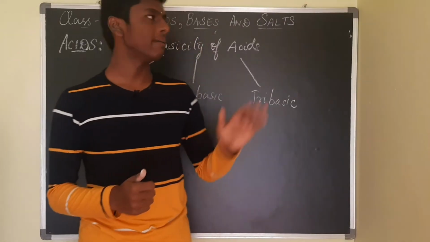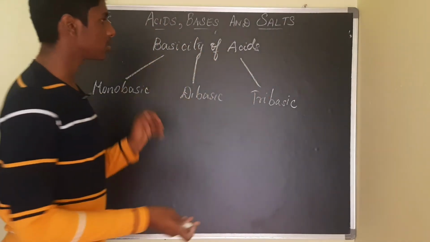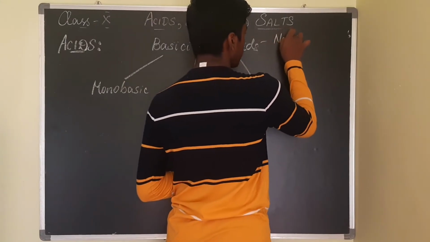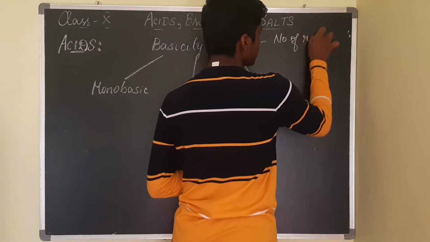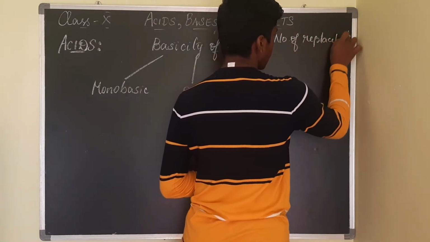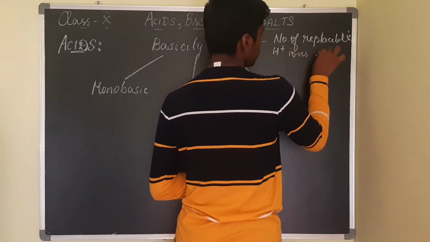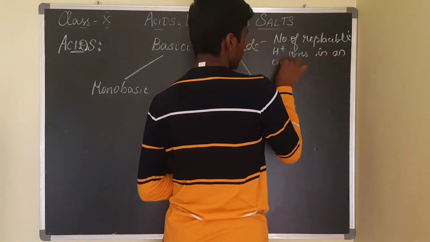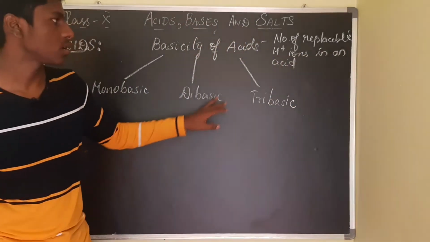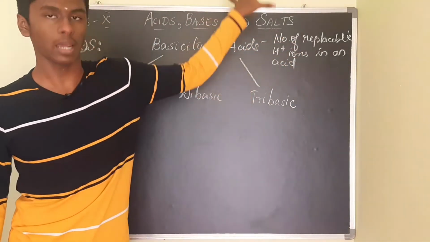Let's talk about basicity of an acid. What is that? That is nothing but the number of replaceable H plus ions in an acid, which is known as the basicity of an acid. So how many H plus ions can be replaced?